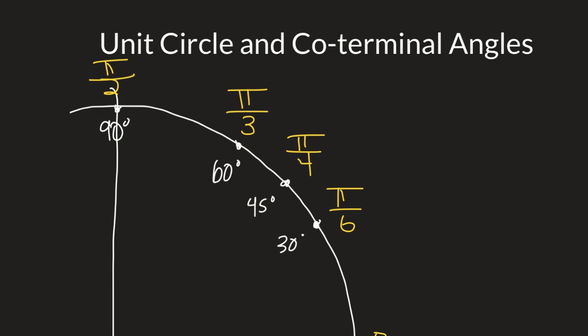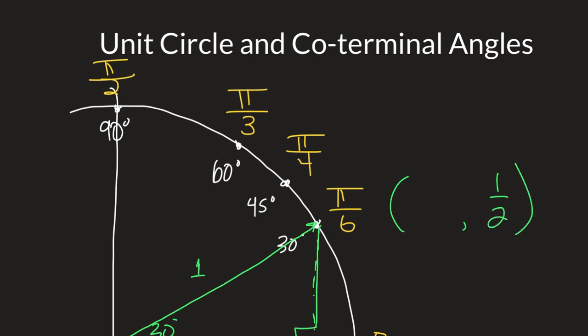Now, because we have a unit circle, that means all of these have a radius of 1. And special right triangles, this is now a 30, 60, 90. Okay? So we have an x-coordinate, or rather a y-coordinate of 1/2, because this is the short side of your 30, 60, 90, and the short side is always half the hypotenuse.